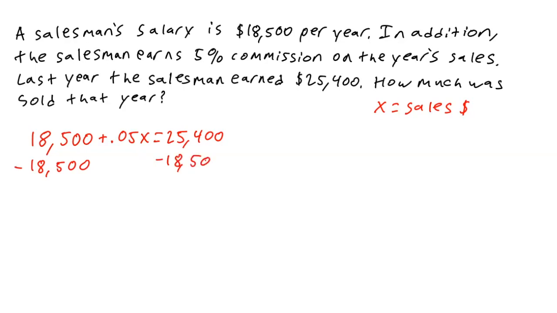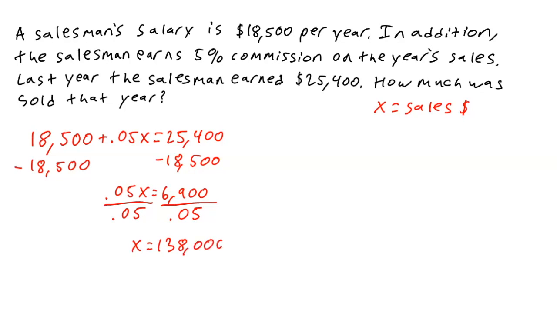Then we solve. Subtract 18,500 from both sides, and we get 0.05x is equal to 6,900, and then divide both sides by 0.05, which, by the way, is actually the same thing as multiplying by 20, and that will give you x equals 138,000.